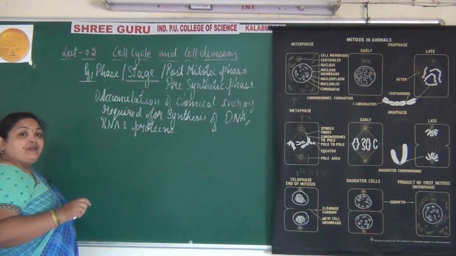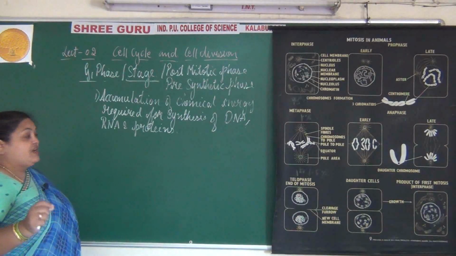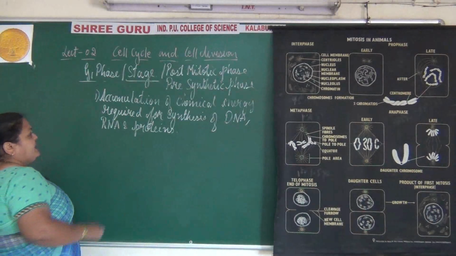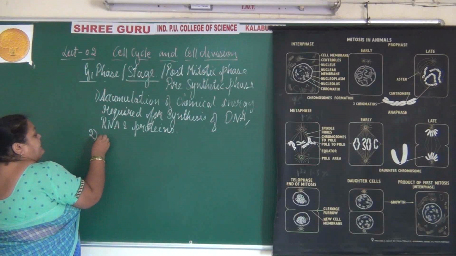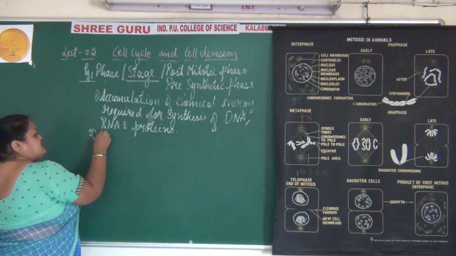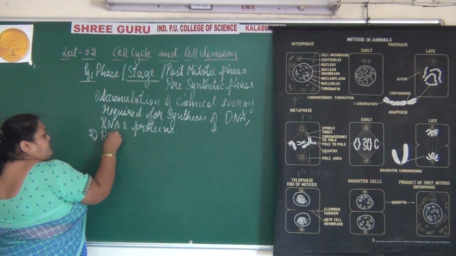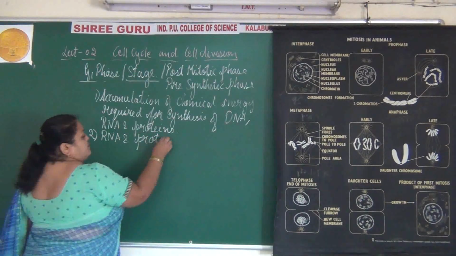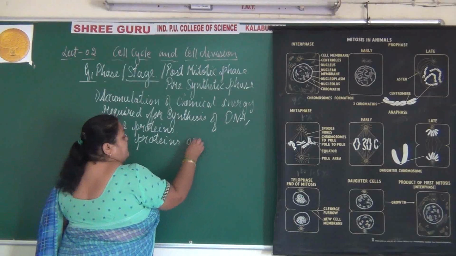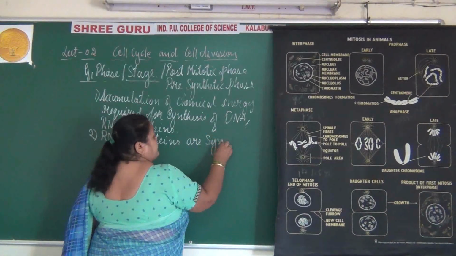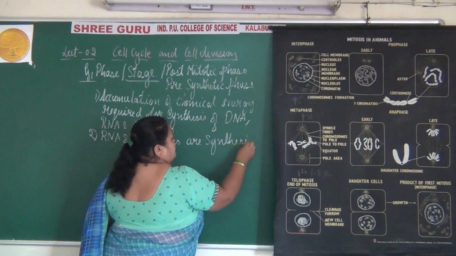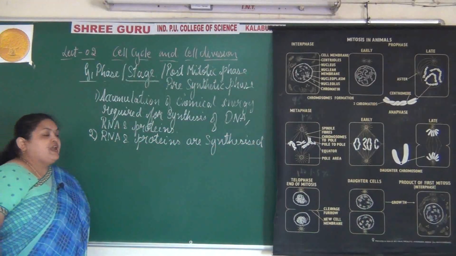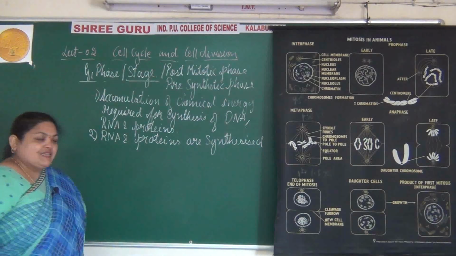So it is accumulating the chemicals that are required for the synthesis of DNA, RNA and proteins, and the RNA and proteins are synthesized in the first growth phase.